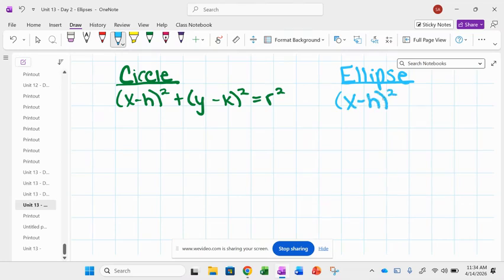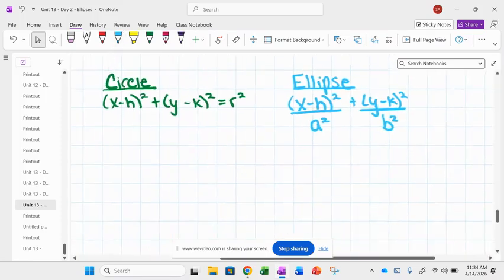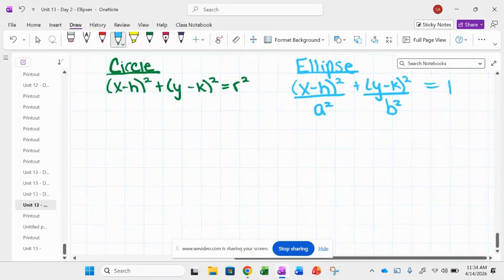It's going to be the quantity x minus h squared over a squared plus y minus k squared over b squared equals 1. So these are our two equations in standard form. And right now, the biggest difference standing out to me is that a circle equals r squared, and an ellipse equals the number 1.